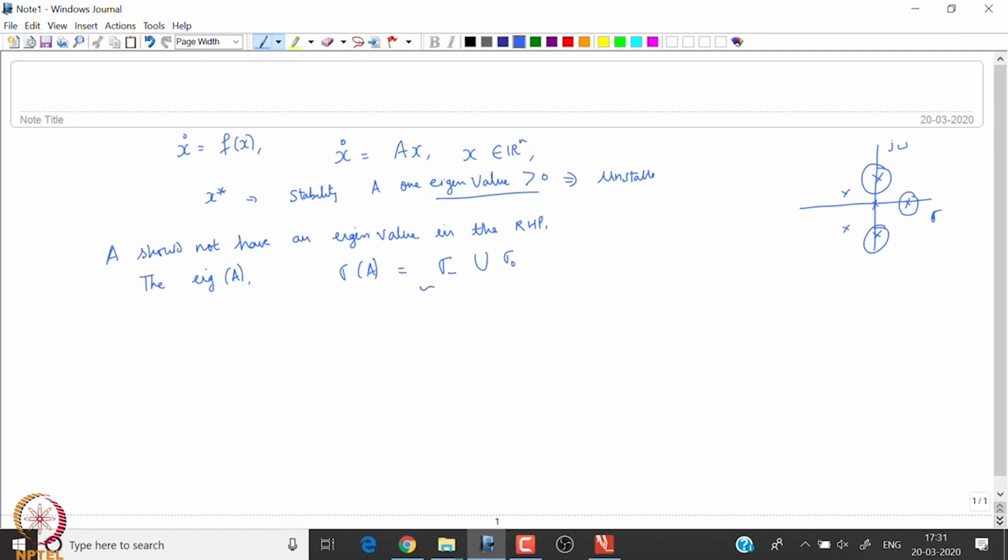So these are the eigenvalues in the open left half plane, and then these are the eigenvalues on the imaginary axis.